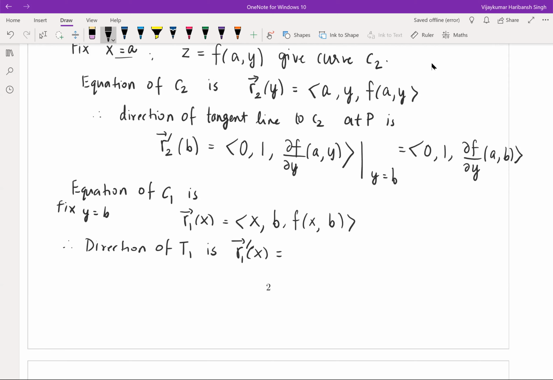Now the derivative is happening with respect to x, so that is the variable. We have 1, 0, partial derivative of x with respect to this, and you are evaluating this at a. So a, which is same as b, and then you substitute x equals to a, and that is given by 1, 0.